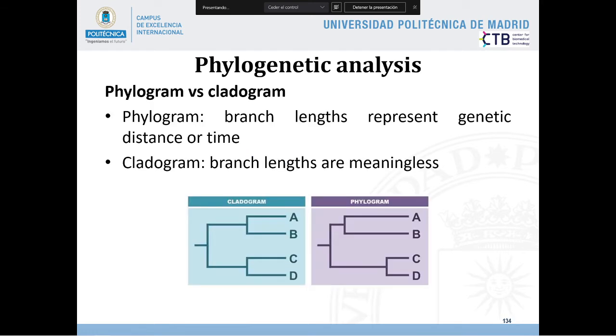Also, we have two types of phylogenetic trees, phylograms and cladograms. In phylograms, the branch lengths represent the genetic distance or the time it has taken for species to evolve, and in a cladogram, the branch lengths do not represent anything. We are just interested in which species are closer to which others, rather than quantifying the closeness of two species.